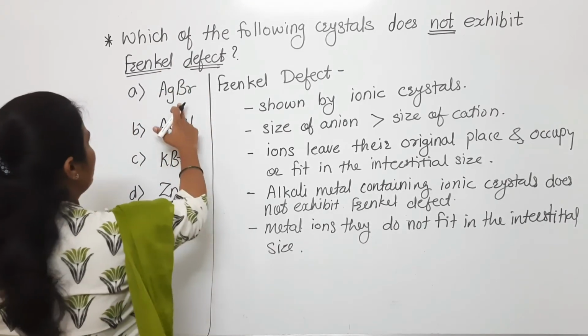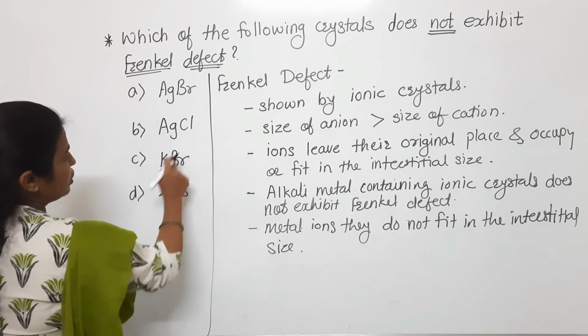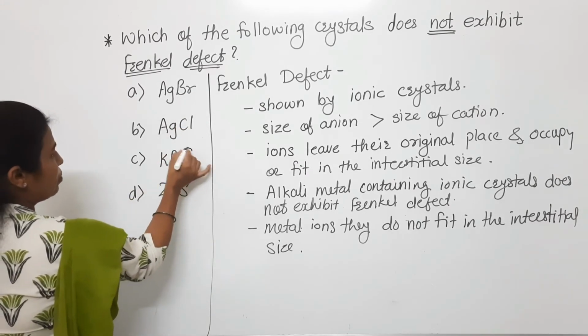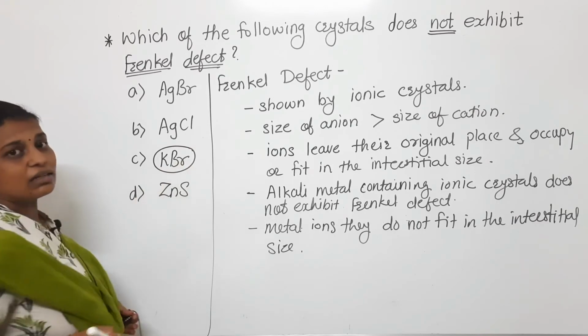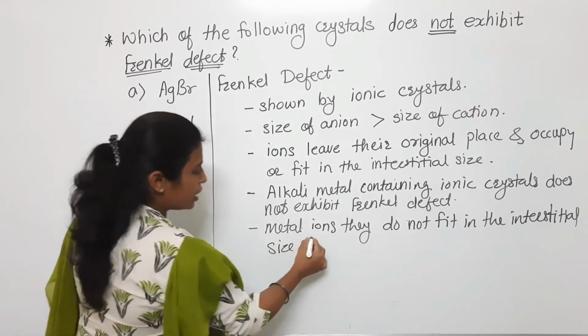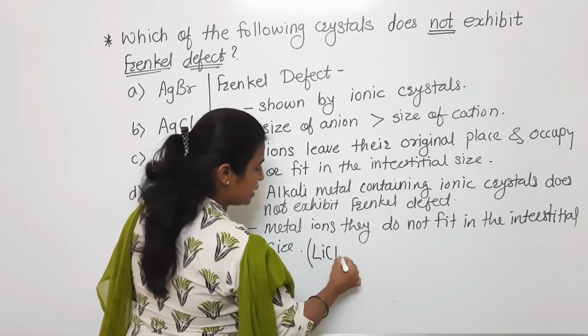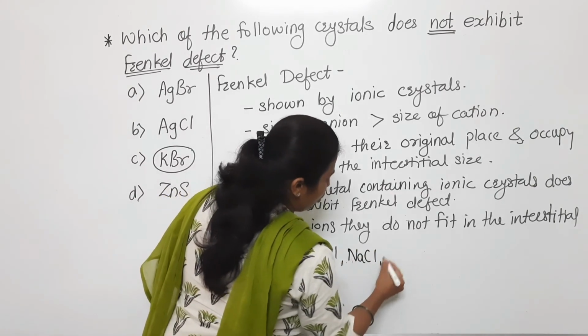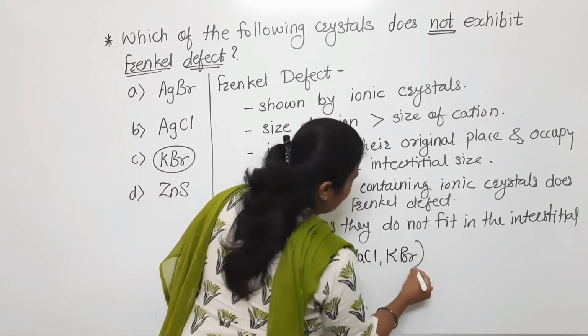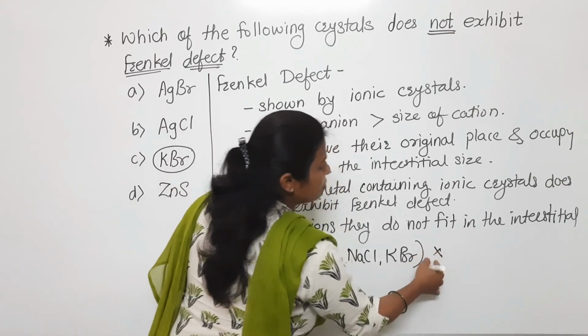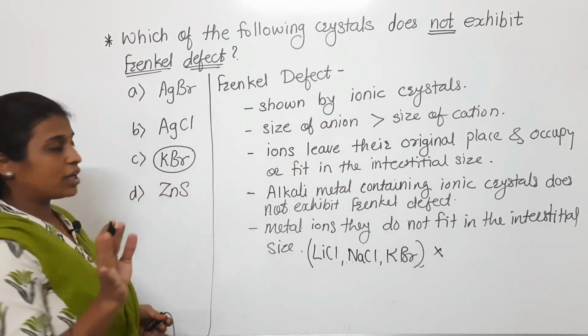And if we observe here, silver bromide, silver chloride, potassium bromide, potassium comes under the alkali metals. So if the examples were LiCl, NaCl or KBr, then they do not exhibit the Frenkel defect.